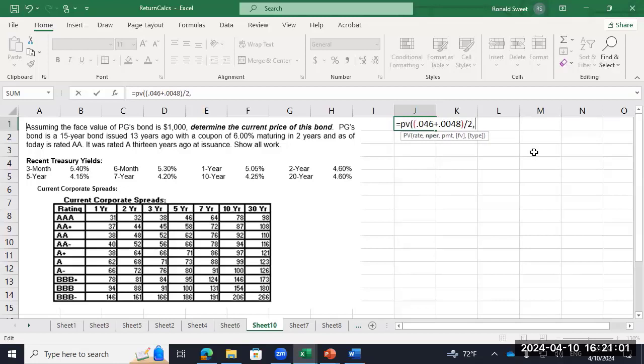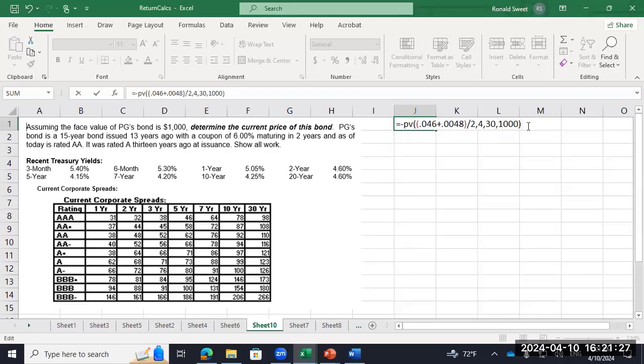Number of periods is what? It's 2 years, but how many periods? 4, right, because they do semiannual coupons. What's the payment here? The coupon is 6%, so the payment is what? 30. And then the future value?